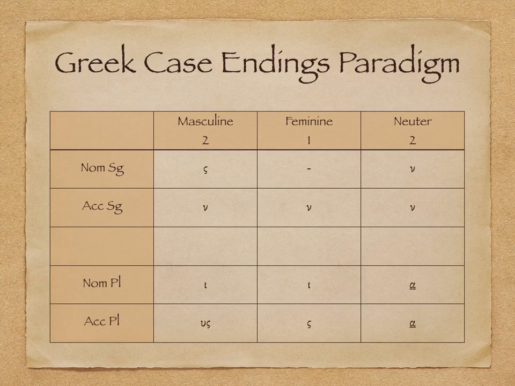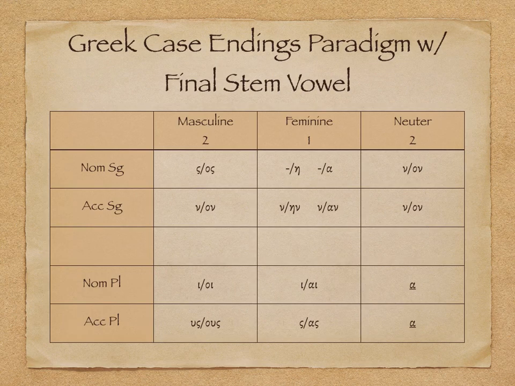As you look at this chart or this paradigm, you'll want to think about this one because each of these endings also has a final stem vowel. On the left of the slash mark is the same as the previous slide, but here after the slash mark we have included the final stem vowel.